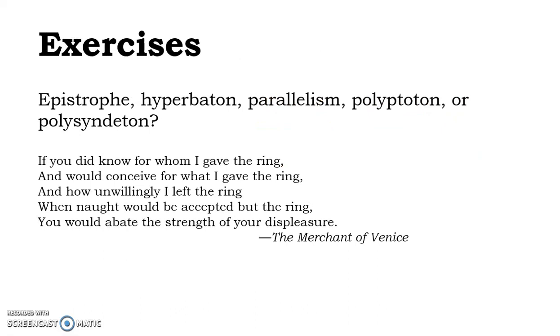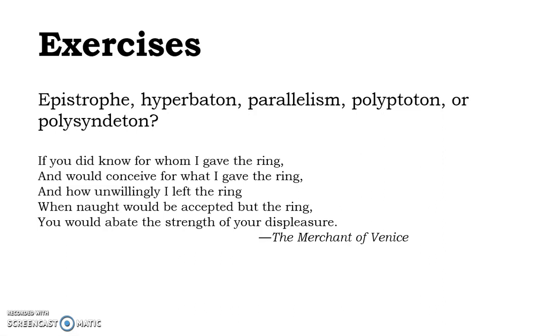Okay, quick exercise with just 3 of these, and you can do more exercises with our practice problems: epistrophe, hyperbaton, parallelism, polyptoton, or polysyndeton. Which? Here's a little well-known passage from Bassanio, the Merchant of Venice.